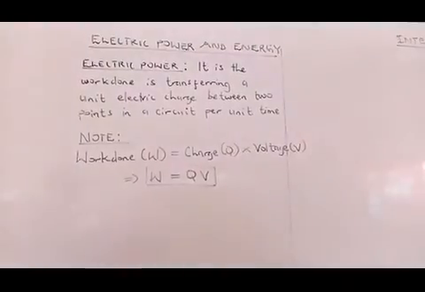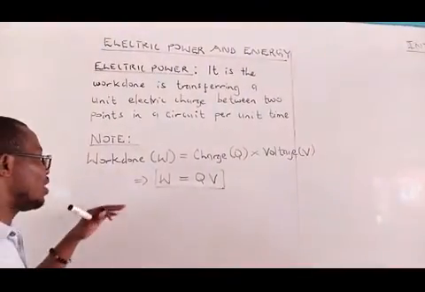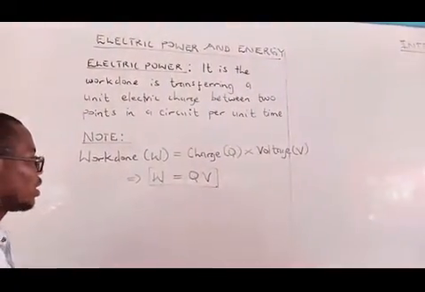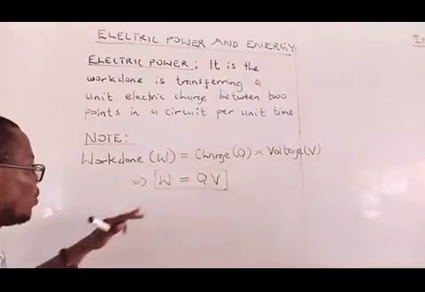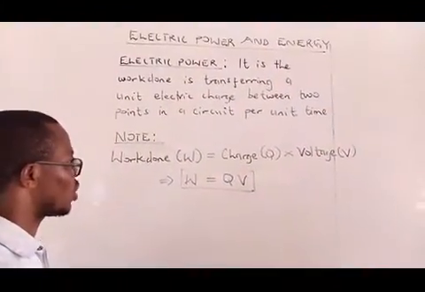If you make the charge the subject, your charge will be the work done over the voltage. Your voltage will also be equal to the work done over the charge.